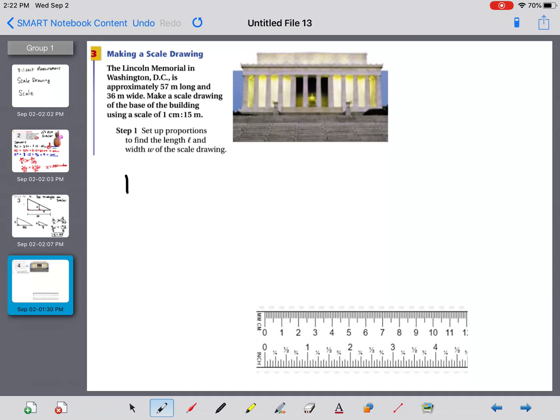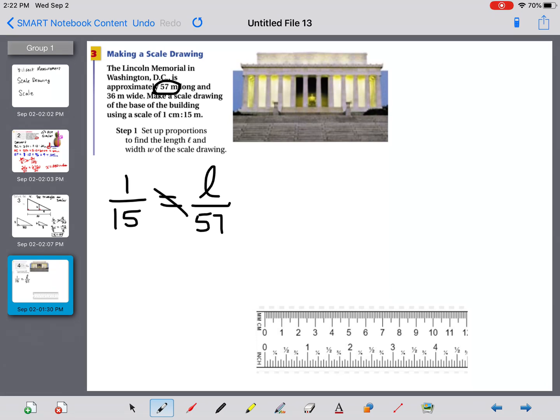So if we have a ratio of 1 centimeter equals 15 meters, that's our ratio. And we want to find the length of our scale drawing. Well, we can put an L here over the actual distance is 57 meters.